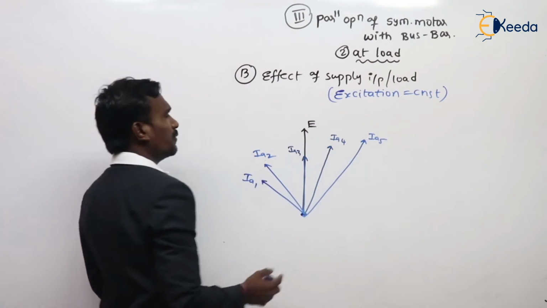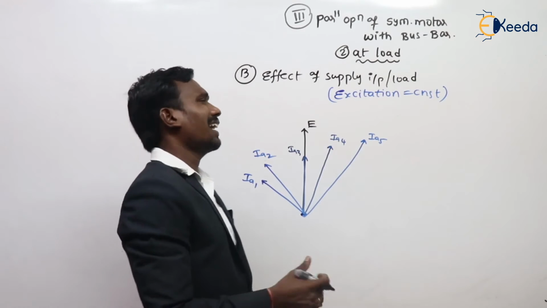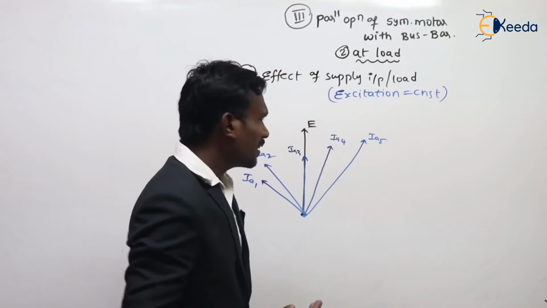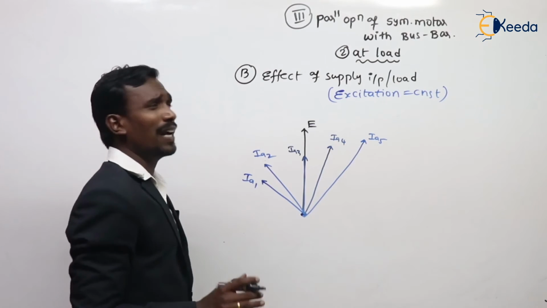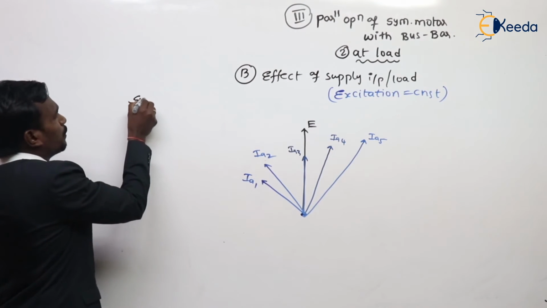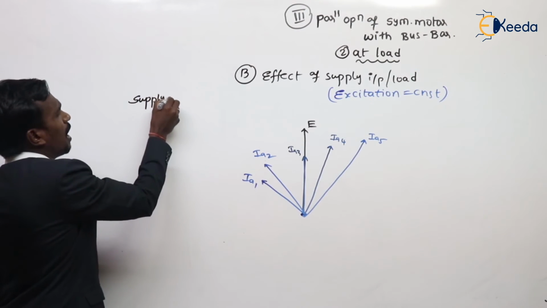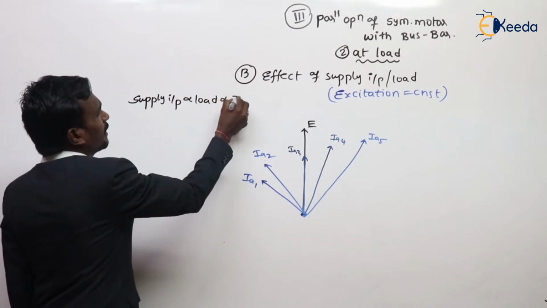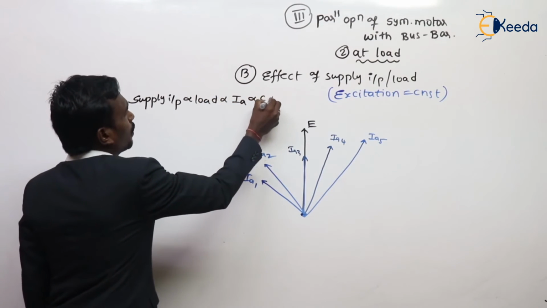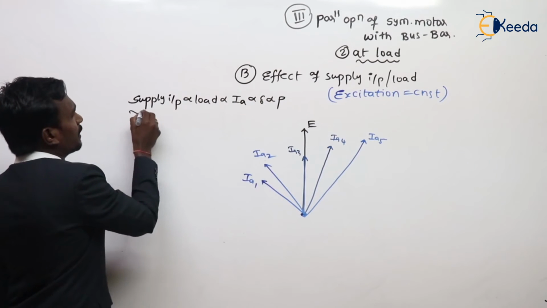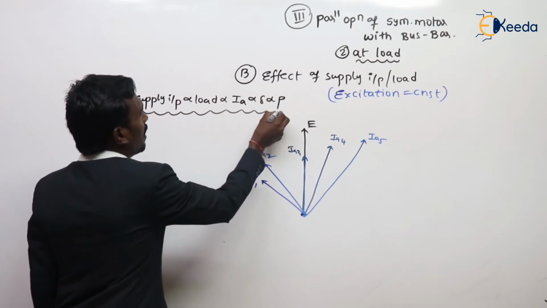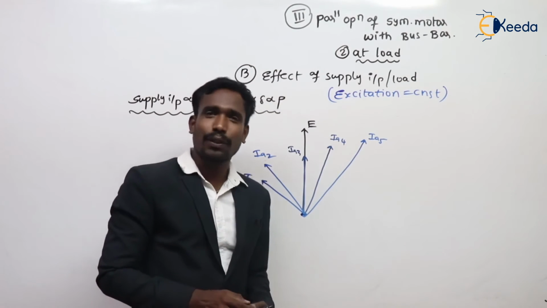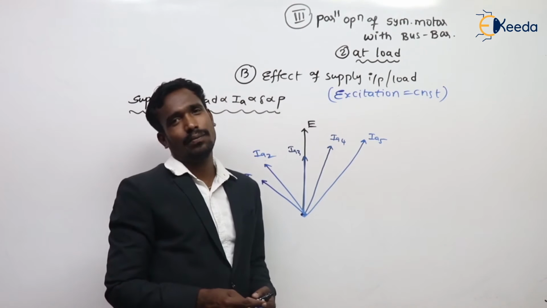These are the different load currents when load or supply input increases. As I said, the common factor is that when the supply input or load increases, IA increases, load angle increases, and power increases. This is common for lagging, leading, motor and generator.